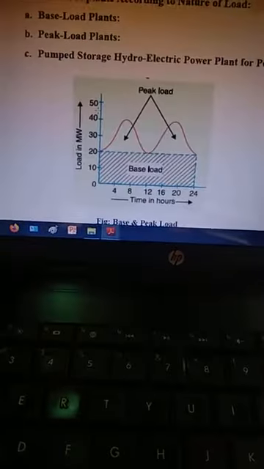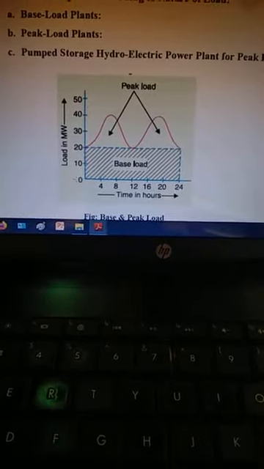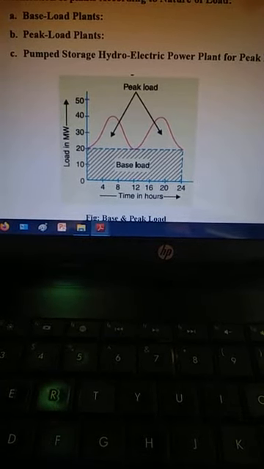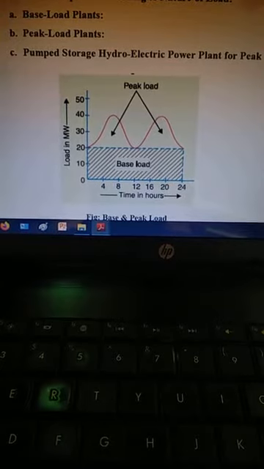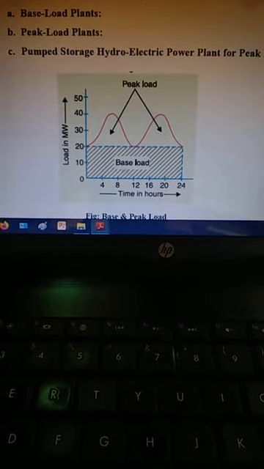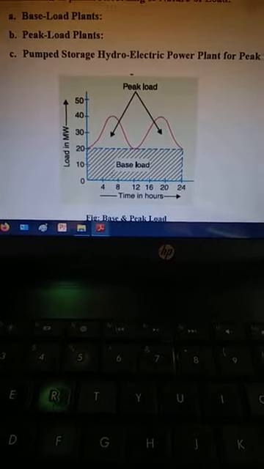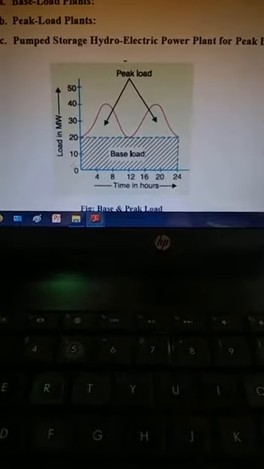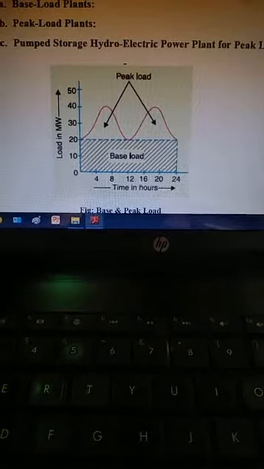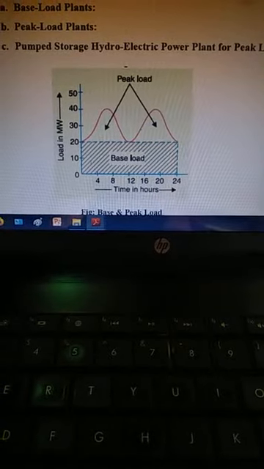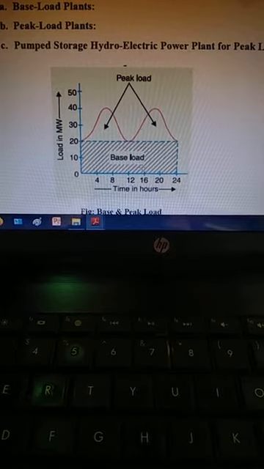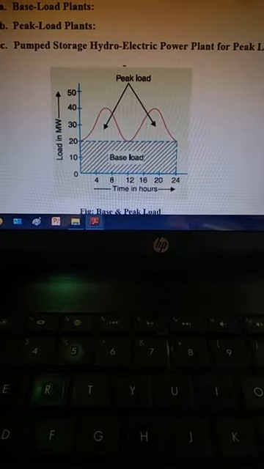You can see here that the base load is up to 20 megawatt power supply. This is the base load, and the hydroelectric power plant is used, which produces power of around 20 megawatt. It is actually the average load utilized presently.